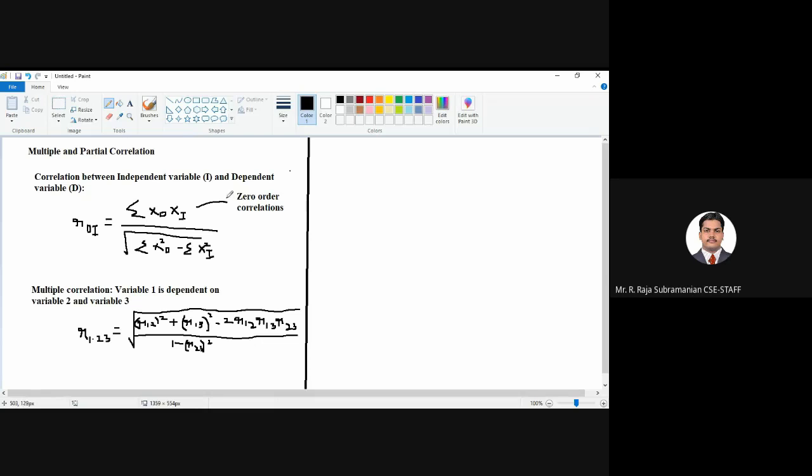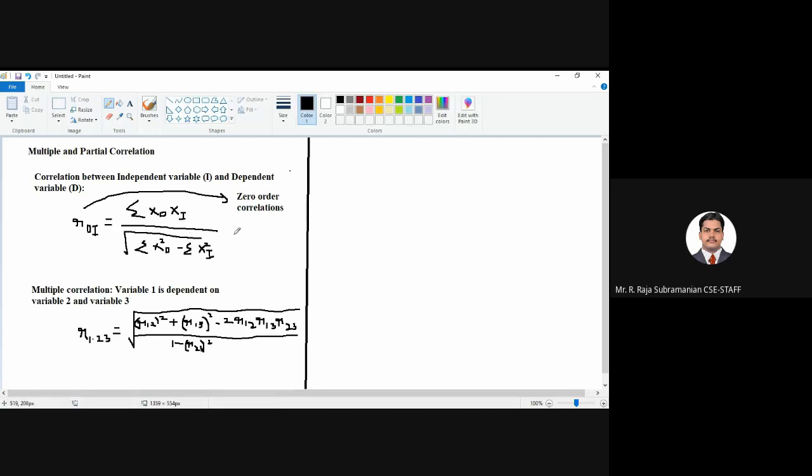In R1 dependent on 2, 3, R should be dependent on 1, 2 and on 3, but in partial correlation one variable will become a constant. I don't want that to happen in zero order correlations, where all the independent variables are taken into account and there is one influence on the dependent variable.